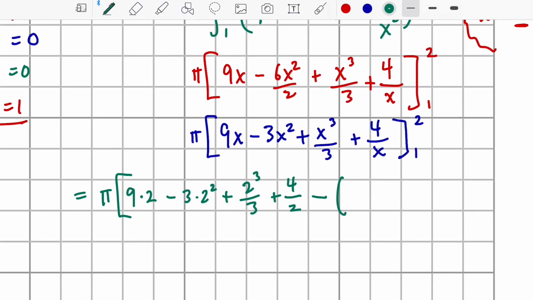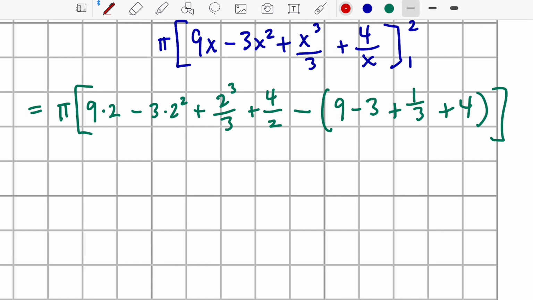Minus, now we have to plug in the 1. Now let's think about it. If I plug in the 1 here, that gives me 9. This gives me 3. This gives me 1 over 3. And this gives me 4. Make things easy. So it'll be 9 minus 3 plus 1 over 3 plus 4.